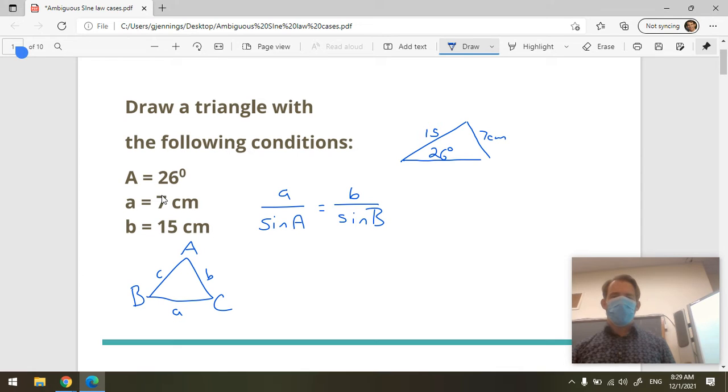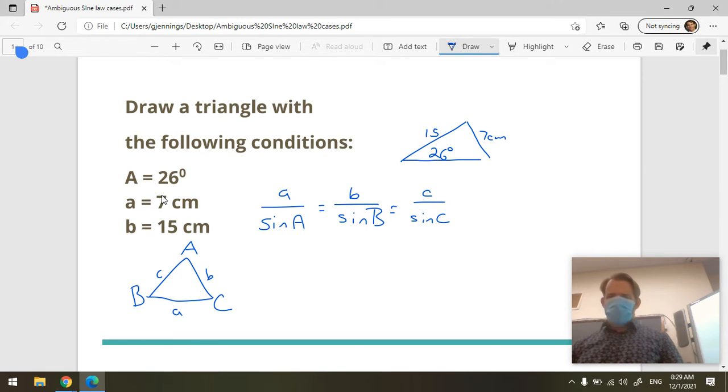Once I have that angle, I can also use that to solve this angle, and I can solve this side. I'd solve this angle just by doing 180 degrees, subtracting the other two angles. That will give me the missing angle. And then once I have that, I can set up my C over sine C to find the length of this side.